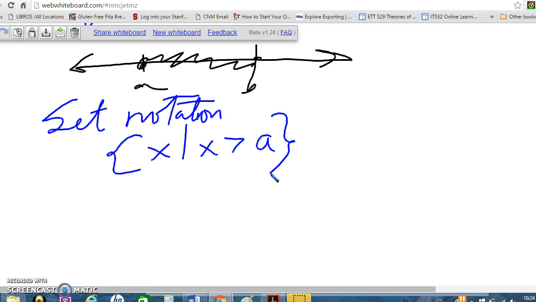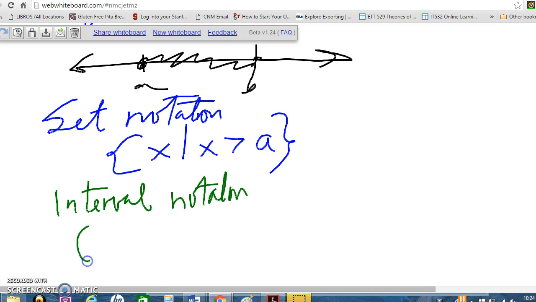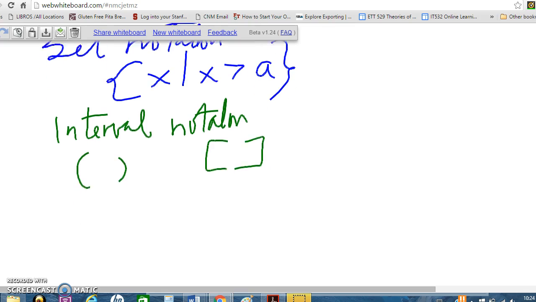And then the other option that we may have is using interval notation, which we're also going to be looking at soon. When you look at interval notation, you're either going to use parentheses or you're going to use brackets. Now the question is, when do you use parentheses and when do you use brackets?